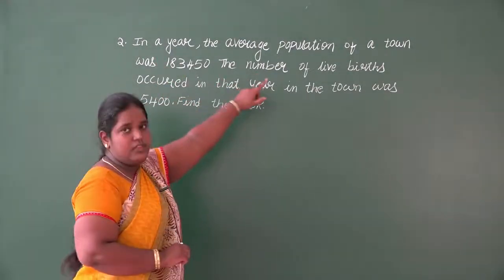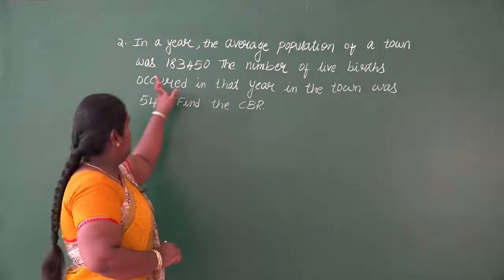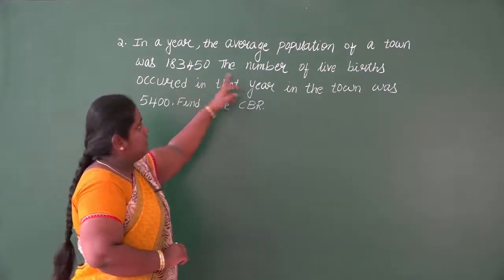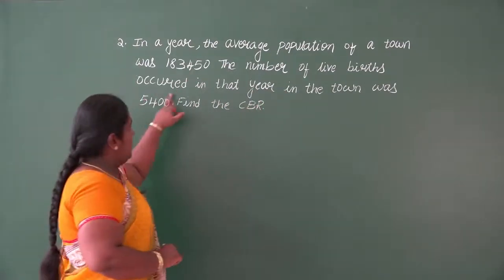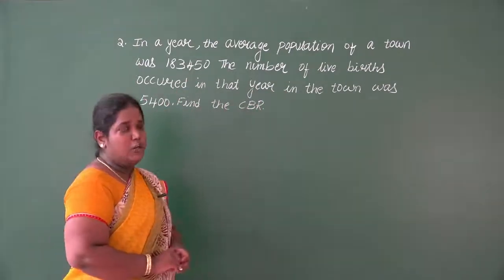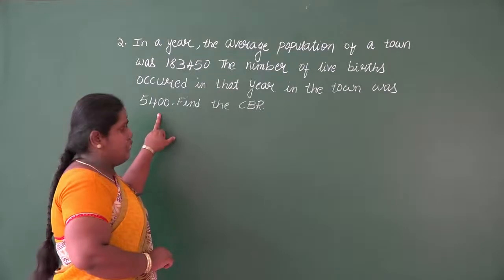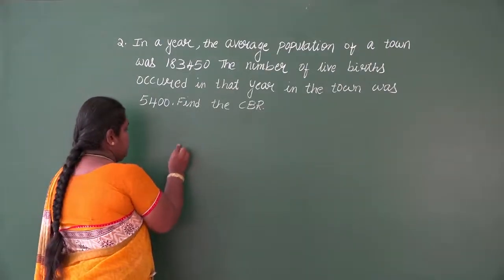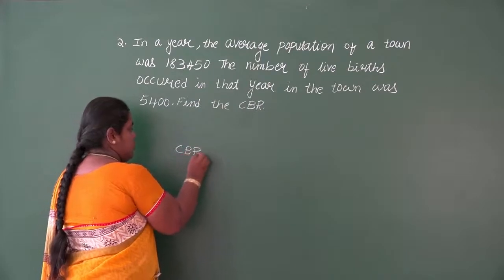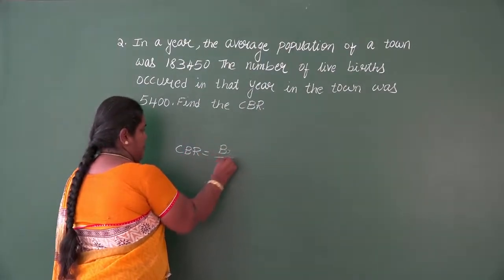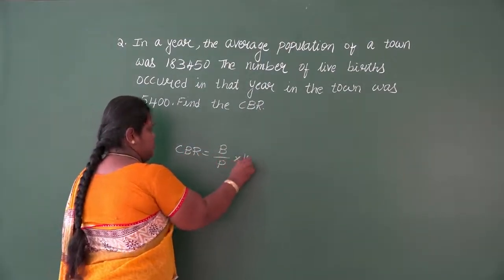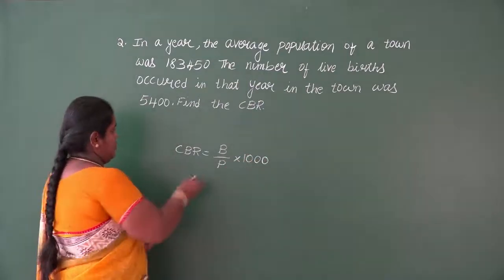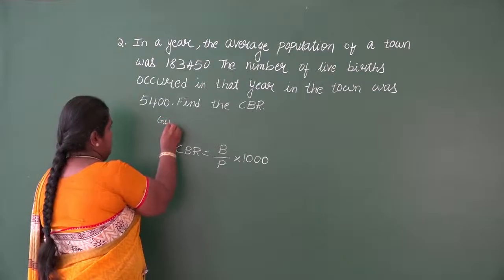In a year the average population of a town was 1,83,450. The number of live births that occurred in that year in the town was 5,400. So find CBR. I'll use the second formula, CBR equals B divided by P into 1000. You can use even the first formula which I wrote previously, but this one is easier to remember.